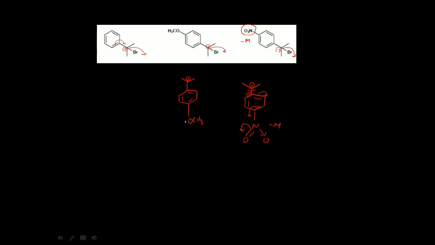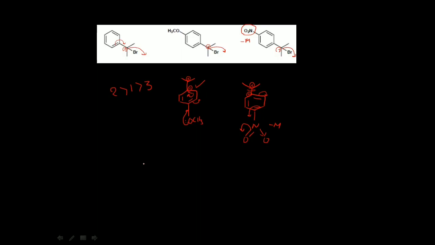This OCH3 is a plus M group that donates electron density. As a result, negative charge is arising here. So the positive and negative are adjacent to each other, so it is more stabilized. Of course, this carbocation is not destabilized by any other group. So that's why the second compound is more reactive, next the first compound, and least the third compound. That's it.